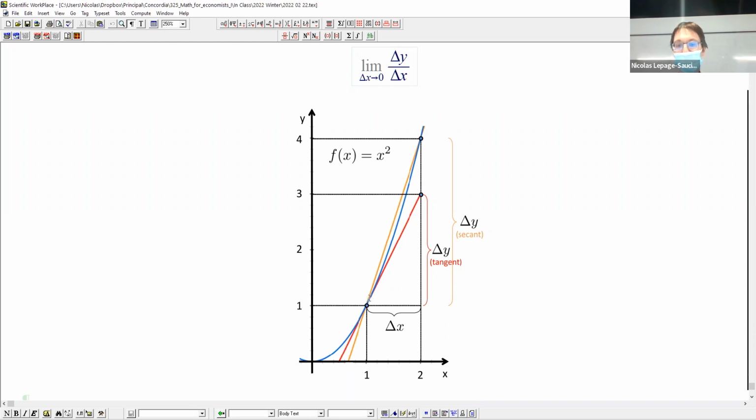From 1 to 4, y changes by 4 minus 1, 3. So delta y would be 3, and delta x would be 1. But if I take a very, very tiny delta x, then you see that the slope of this tangent line tends slowly towards what value? Well, 3 minus 1 is 2, and 2 minus 1 is 1. So it tends slowly towards this fraction of 2 divided by 1.